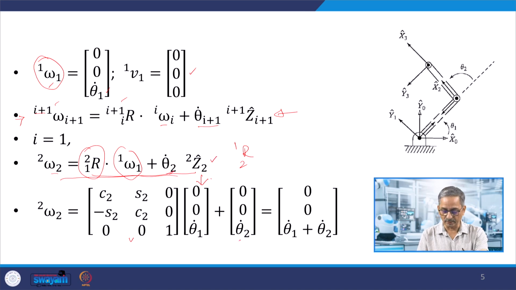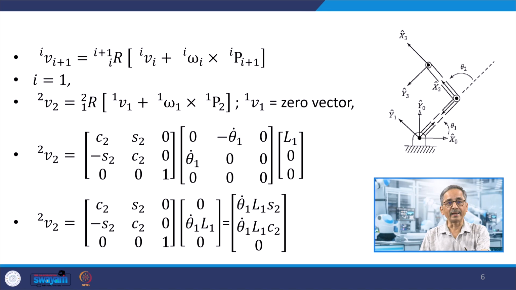So, I am putting it over here, and when I do this multiplication, this is what I get. Okay. So, the angular velocity of the second frame expressed in terms of the second frame is theta 1 dot plus theta 2 dot, the z component. So, this is how this angular velocity propagates.